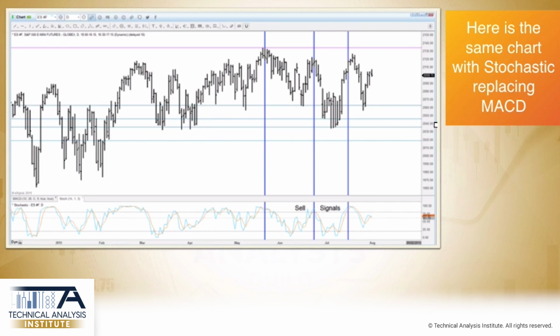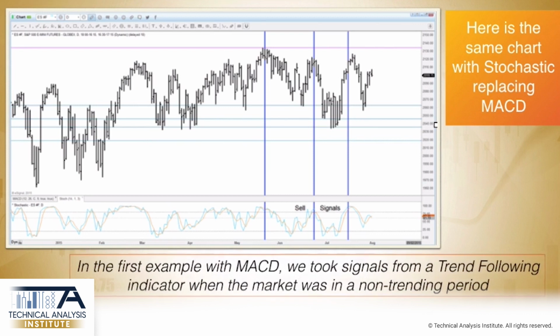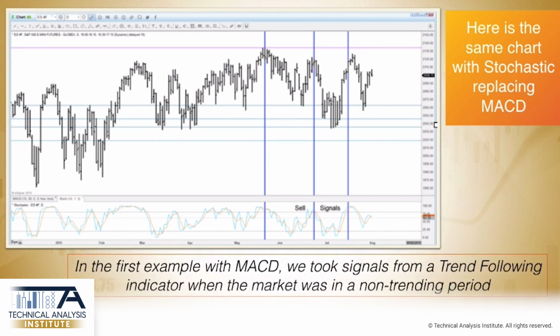If we were using stochastic during this phase of the market, we would be extremely happy and probably confirming that MACD is useless. But the reality is that in the first example with MACD, we took signals from a trend-following indicator when the market was in a non-trending period. That always results in false signals. When we applied an oscillator instead, we received very profitable signals.